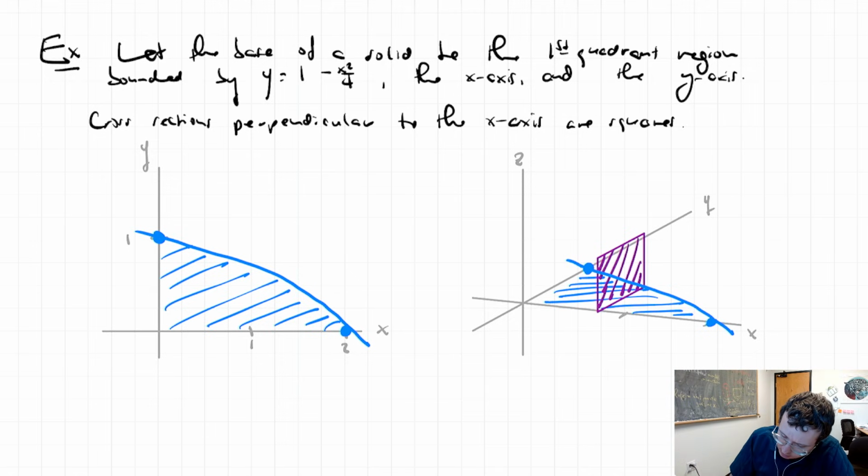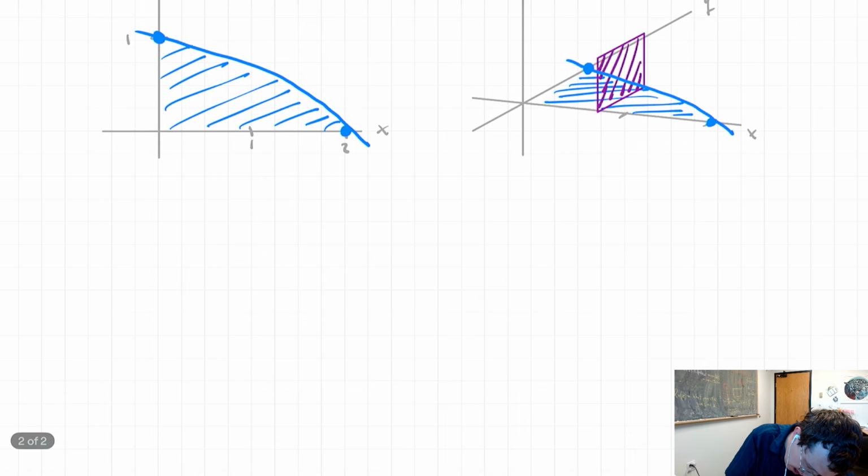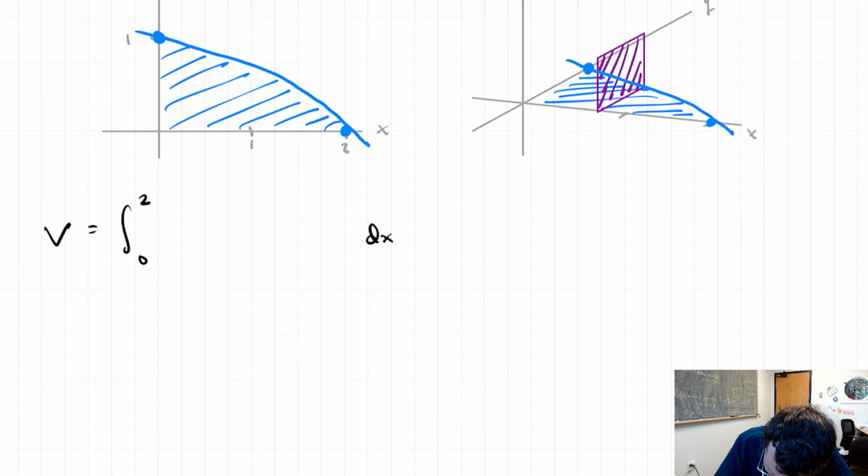Okay, so at each x value, I get a different cross section. So I'm integrating with respect to x, and I'm integrating from 0 to 2. And then if I look at a slice at some x value, what's the volume of that slice?